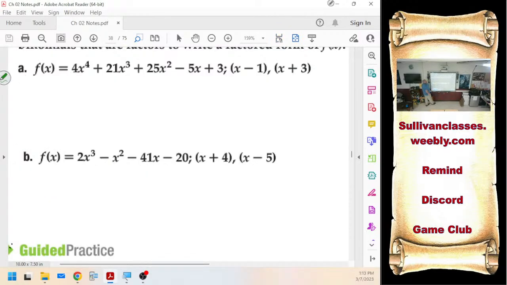So they ask, are these things factors of this polynomial? I test it by doing synthetic division. So step 1, 4, 21, 25, negative 5, 3.